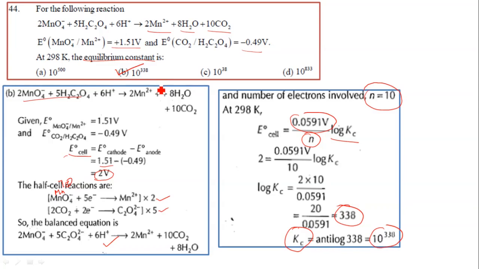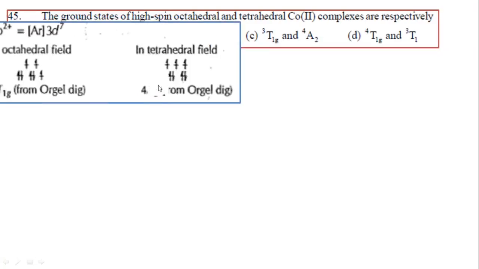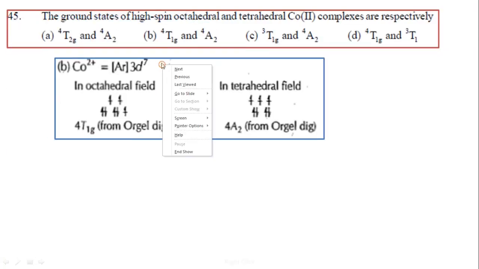Next question 45. What they are asking here is the ground state of high spin octahedral and tetrahedral cobalt 2 complexes respectively.